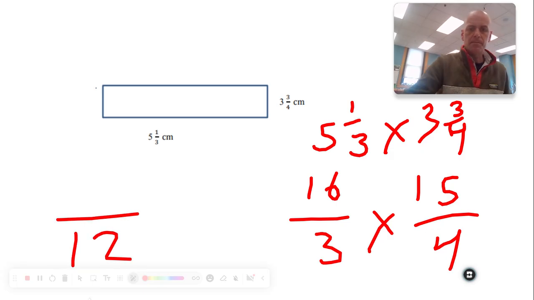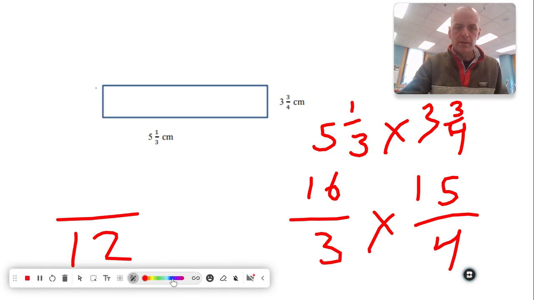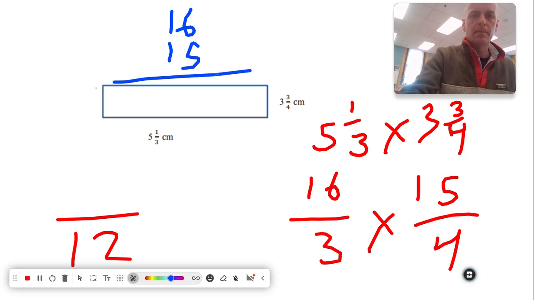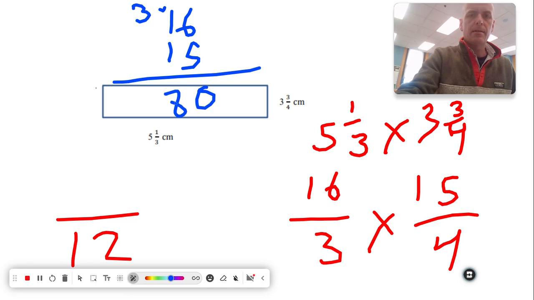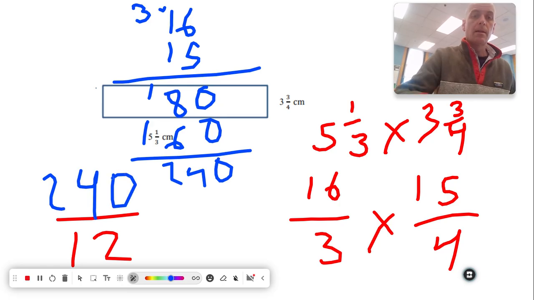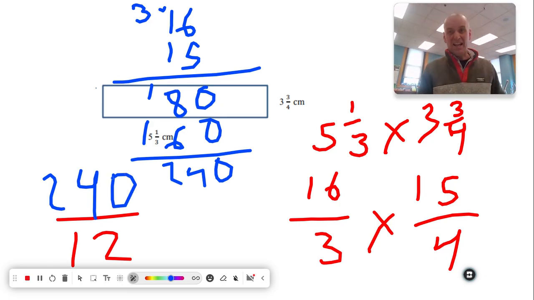That's the easy part. Then we have to multiply 16 times 15, so 240 twelfths. Oh, this is kind of a nasty problem. That's what happens with area.